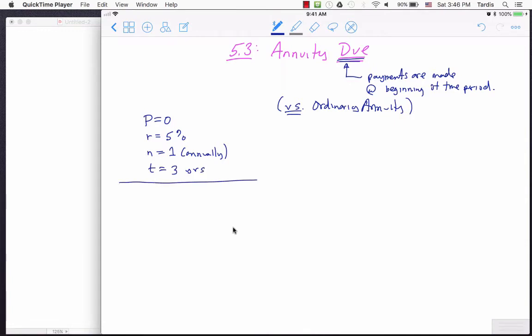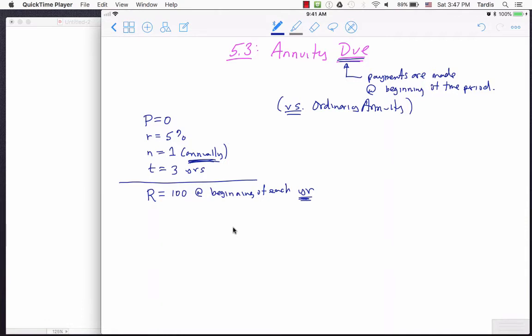And that looks like a compound interest problem, but we're going to add into this problem the fact that in section 5.3 we can have a payment that's being made. And let's say that you're going to make a $100 payment at the beginning of each year. Remember the times that we're going to be making deposits are on the same time scale as we're compounding our interest.